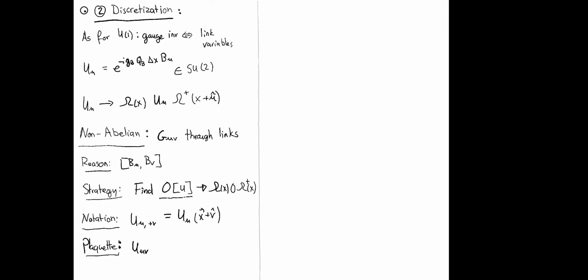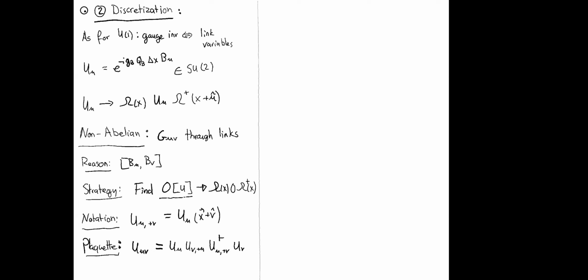It's a closed loop made out of these other U_mu operators. So you start at the point x, go in the direction mu with U_mu, then you go U_nu at x plus mu, and then you have U_mu at x plus nu, dagger, and U_nu dagger.